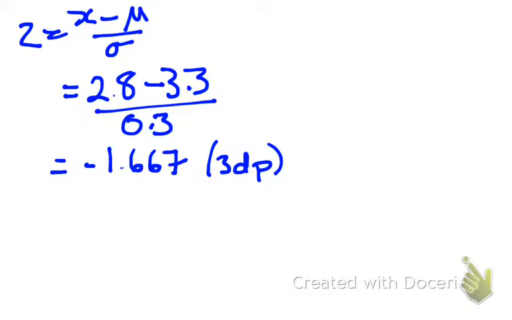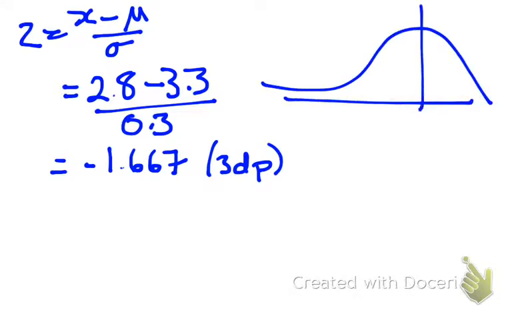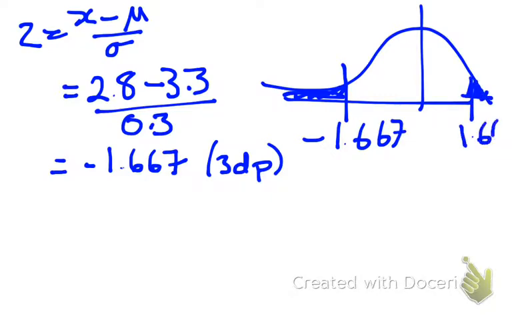Okay, so now we've got to think about what that means. That tells us that we're trying to find that point with that tail area where the z value is negative 1.667. Now that will be the same size tail area if we talk about the positive value of 1.667. Because of symmetry, we can reverse that.